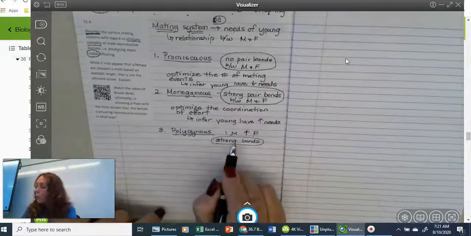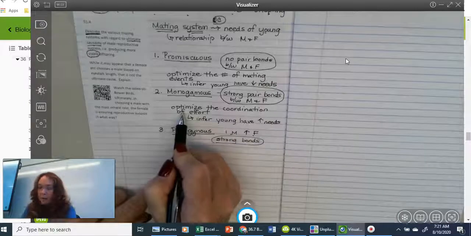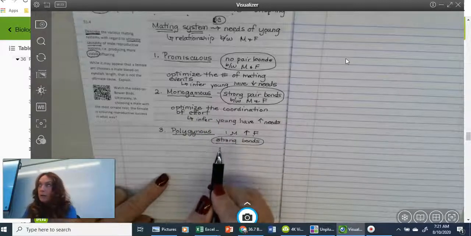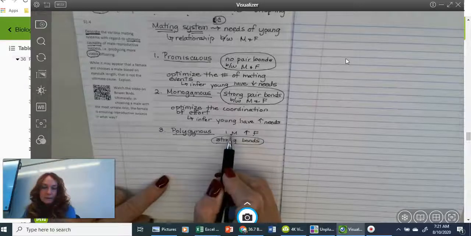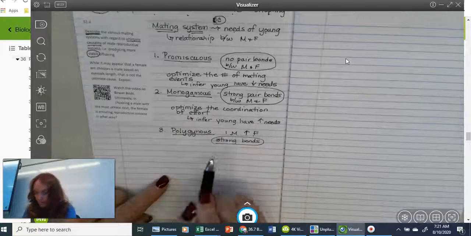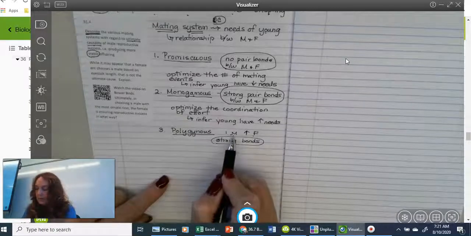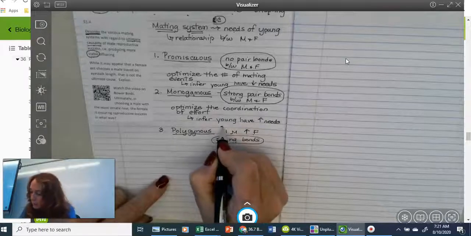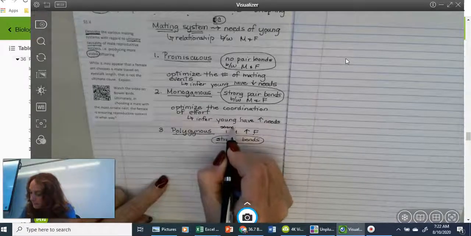So what's the point in it? What are we optimizing if we have one male who didn't just get elected? It's not like we had a big election and we're like, oh yeah, let's vote for him. He fought to win that spot. So he had to compete with the other males, and at this point in time, he is the strongest male.